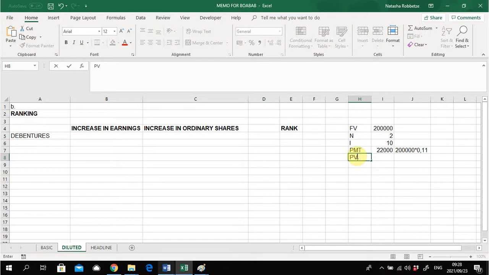Thereafter, we need to calculate a present value on our calculators. So when I calculate a present value from this information, I get an answer of 203,471.